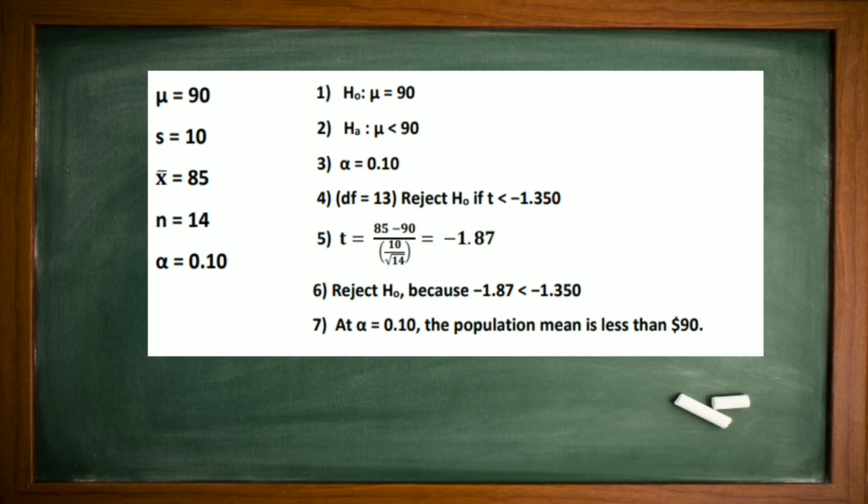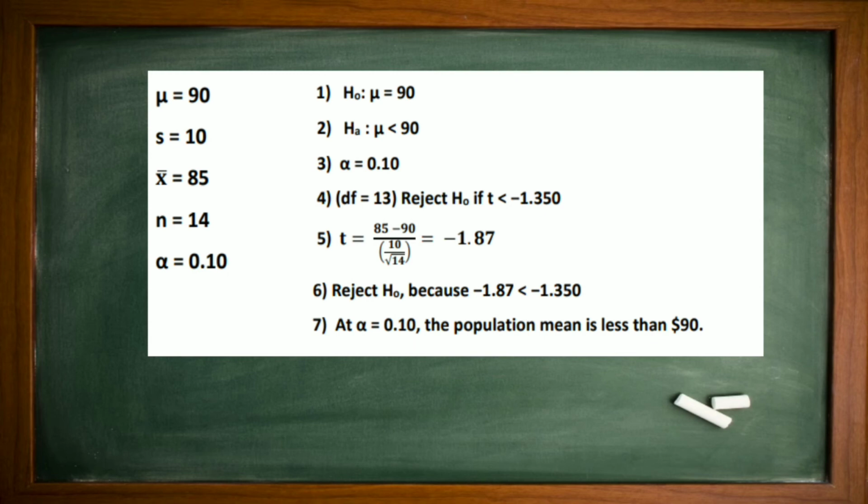Okay, step 6, proceed po tayo. We have here reject the null hypothesis because negative 1.87 is less than negative 1.350. So, sinubstitute lang po natin yung ating T value.